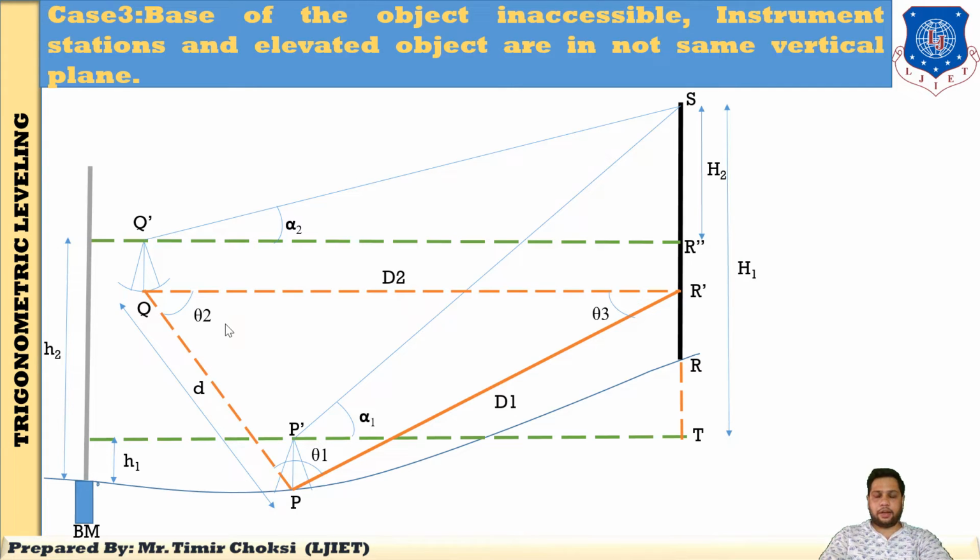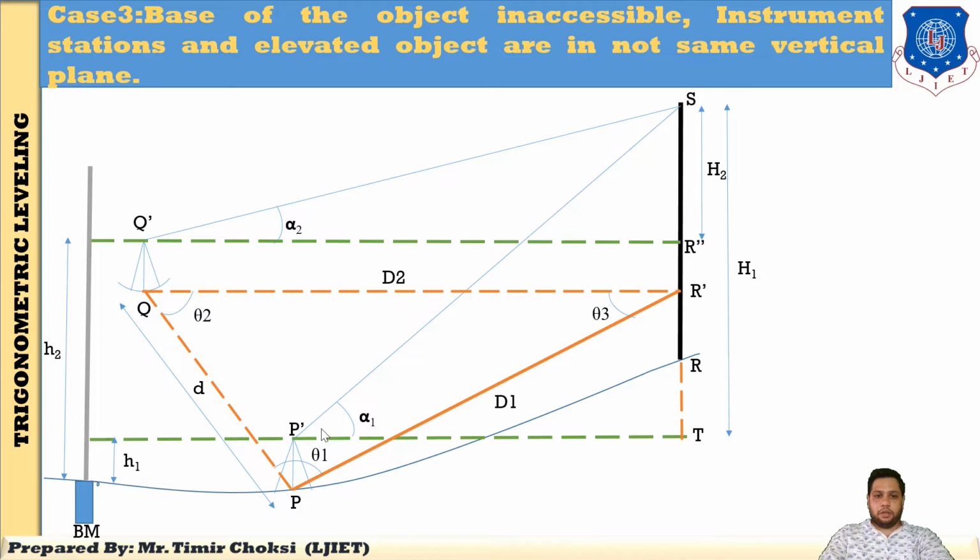You already know what the repetition method is. You have studied in theodolite survey how to find the horizontal angle. There are 2 or 3 methods: general method, retracement method, and repetition method. So theta 1, theta 2 and theta 3 you will find by the repetition method using the theodolite.